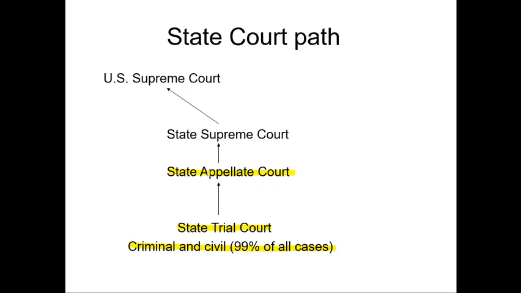And then if you don't like that ruling and you're able to get accepted by the state Supreme Court, the state Supreme Court rulings generally are final, because if you want to take it from the state Supreme Court to the U.S. Supreme Court, it's a long shot to get accepted.